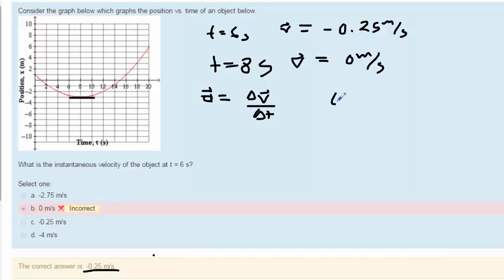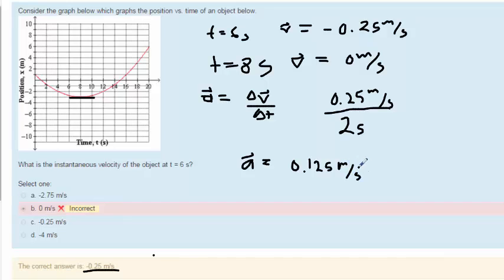So our change in velocity is positive 0.25 meters per second, and our change in time, we go from 6 to 8, so that's a change in time of 2 seconds. So our acceleration for this graph would be positive 0.125 meters per second squared, and you can see how those units work out as well in the calculation.